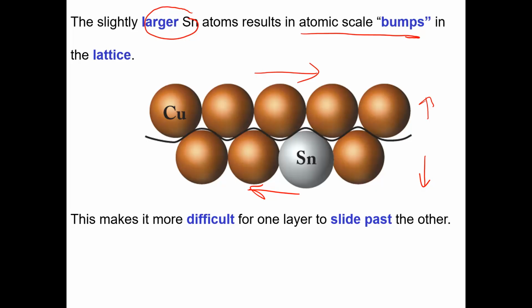And that takes energy and makes it more difficult for one layer to slide past the other. So that's kind of cool, right? It's like a little molecular speed bump, and it creates a bit of an energy barrier, because you have to lift up the whole layer in order to move it past the little bump.